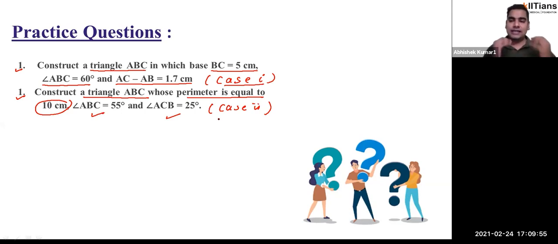More or less the steps for the construction were similar. The second case, which was very important, was how a triangle can be constructed when you are provided the perimeter of that triangle and the two base angles. I hope both are clear to all of you.